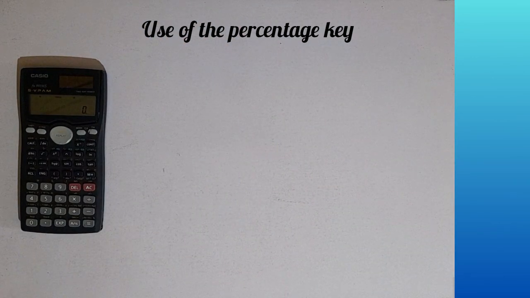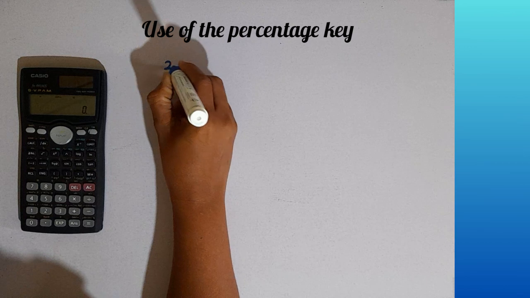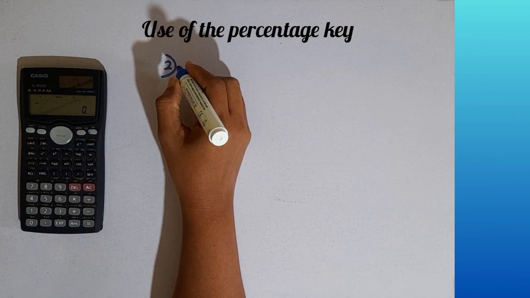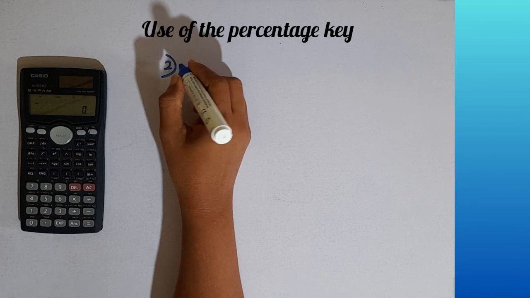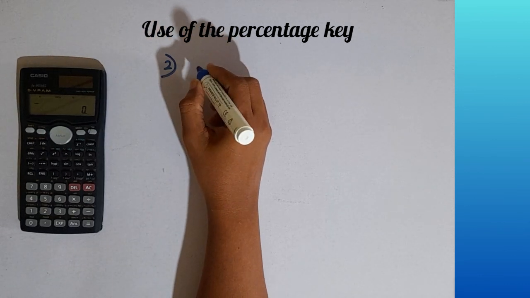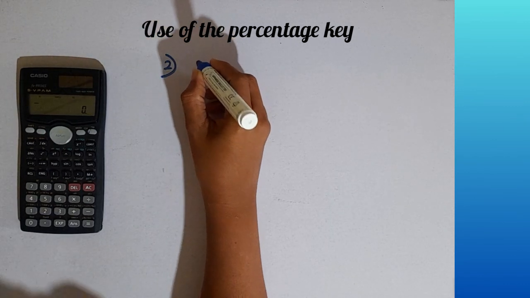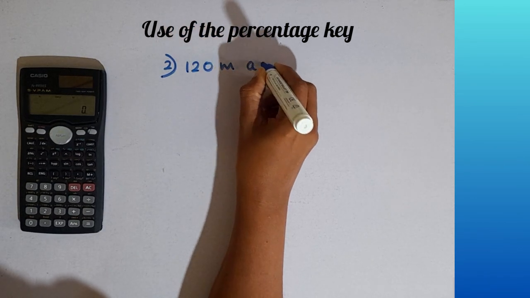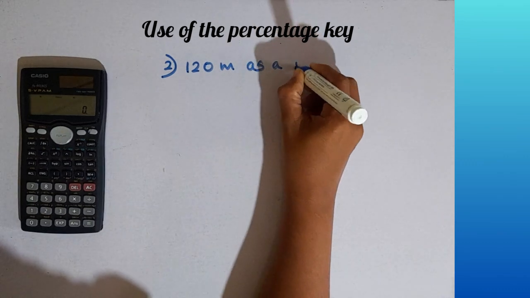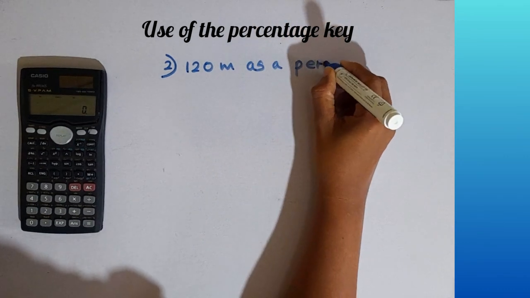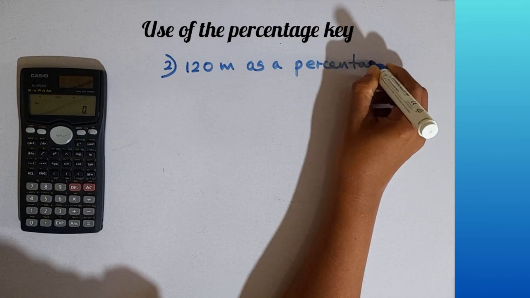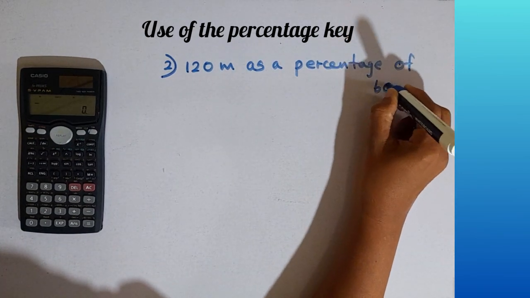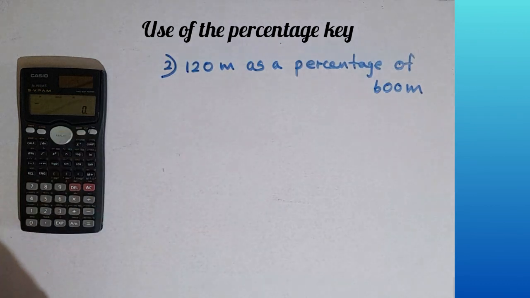Then the second question for percentages: 120 meters as a percentage of 600 meters. How to take it?